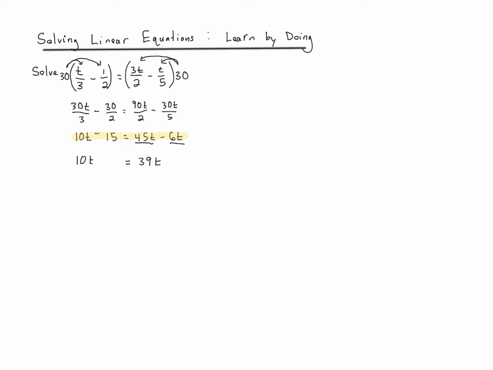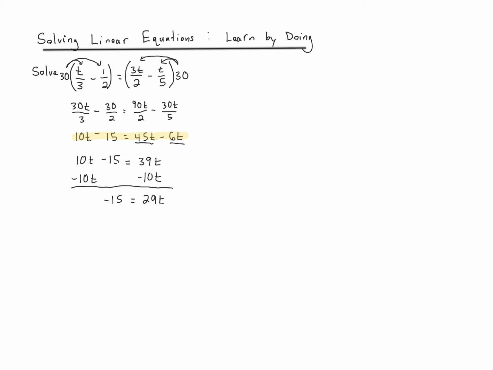So we've got 10t minus 15 equals 39t. Now we've got variable terms on both sides. What can we do to get rid of the variable term on the left-hand side? If we subtract 10t from both sides, that will get rid of the variable term on the left, leaving us with negative 15 on the left. And then on the right, 39t minus 10t is 29t.